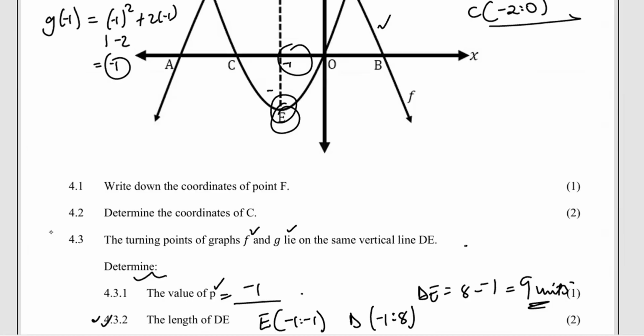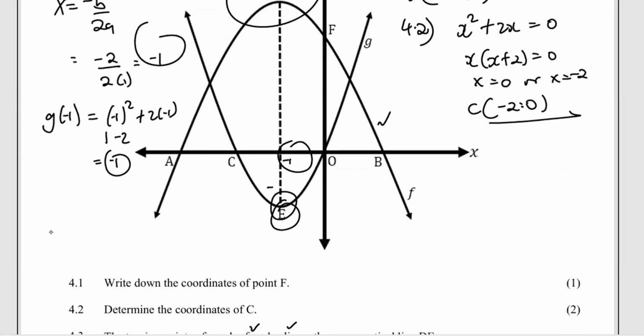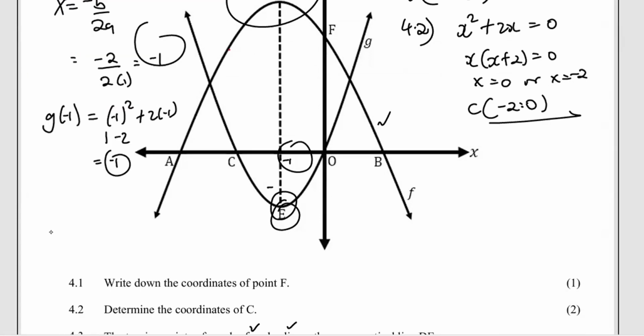Since I have the coordinates of the turning point, I can use the turning point approach to work out this equation. So y should be a(x + p)² + q. So a(x + 1)².